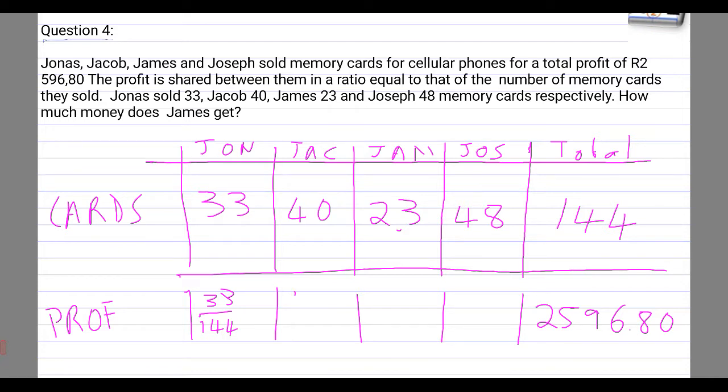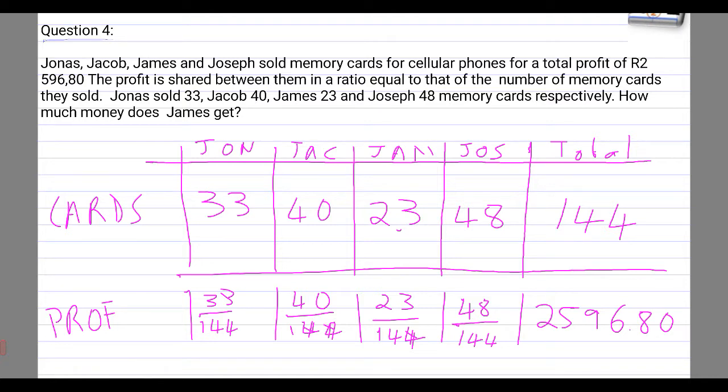Jacob would get a portion of 40 out of the 144. James will get 23 out of 144. That will be his ratio. And then Joseph, he sold 48 out of 144, so his money would be 48 over 144 times the total amount.